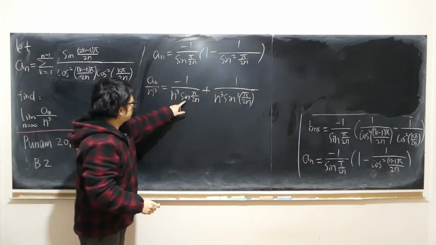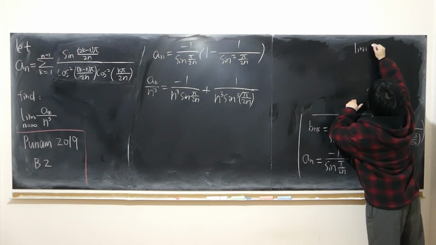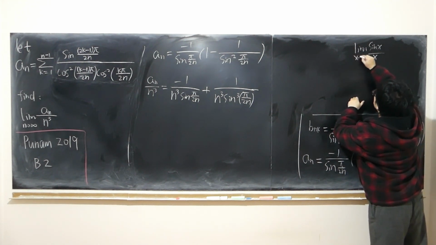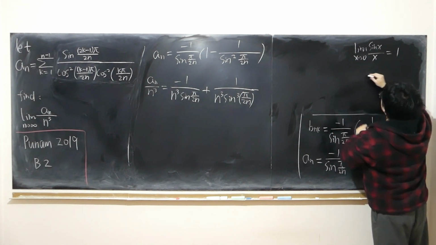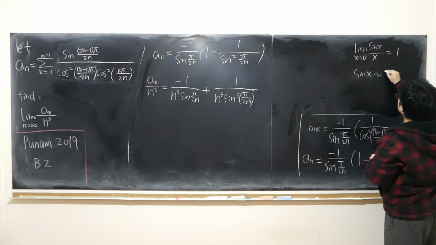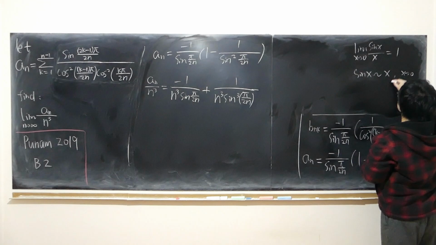So again, this sine, we already know that limit of sine x over x, as x approaches 0, is equal to 1. Or we sometimes say sine x is asymptotically equivalent to x as x approaches 0.